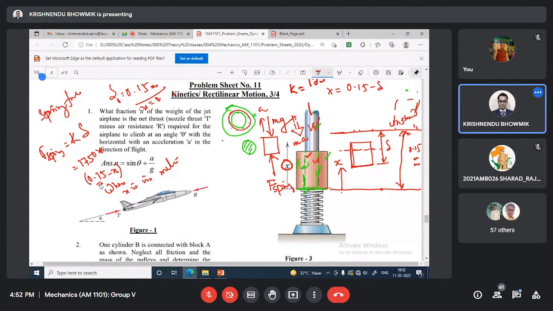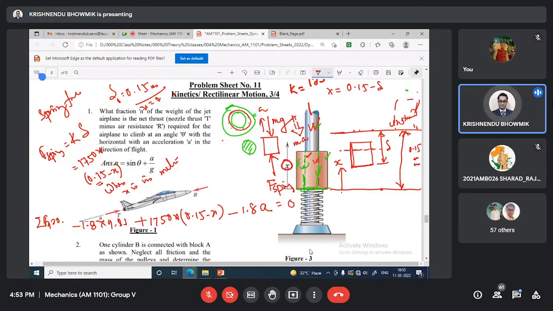Now, summation of Fx equal to 0, D'Alembert principle. So minus 1.8 multiplied by 9.81, this is the weight in Newton, plus 1750 multiplied by (0.15 minus x), minus 1.8 multiplied by acceleration equal to 0.